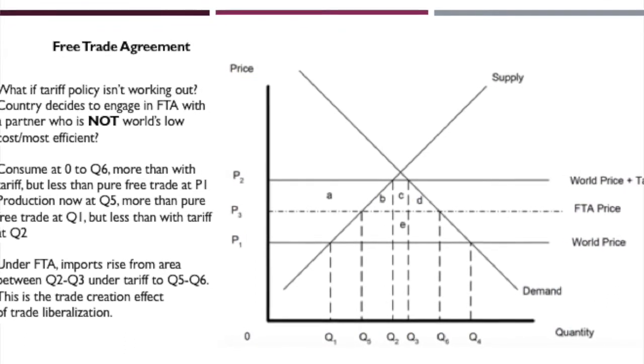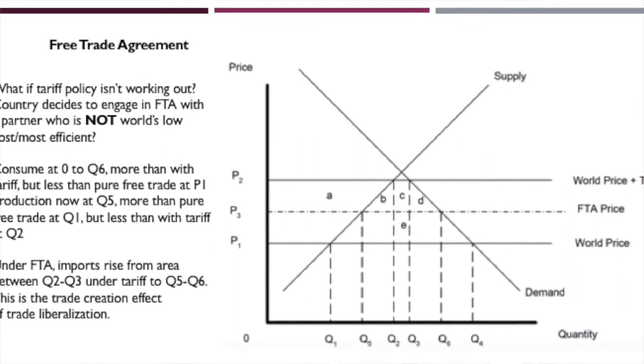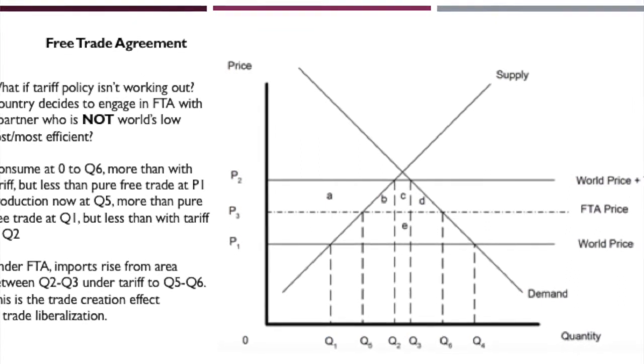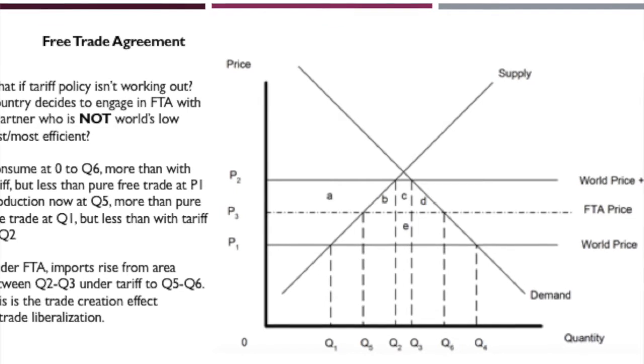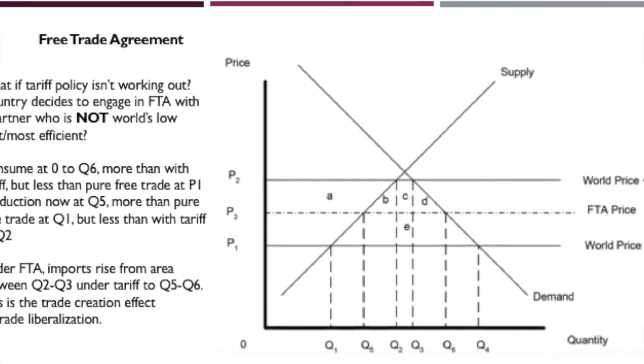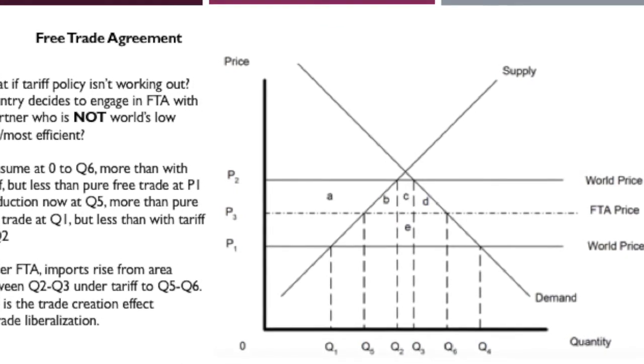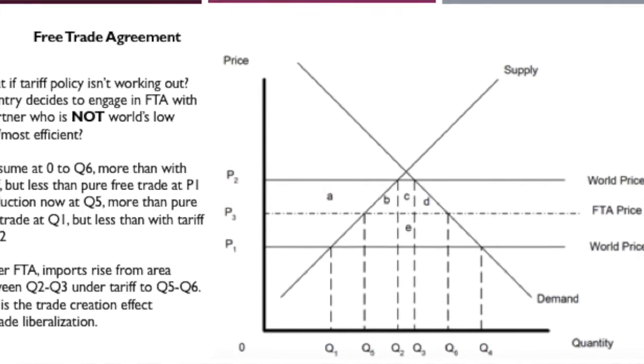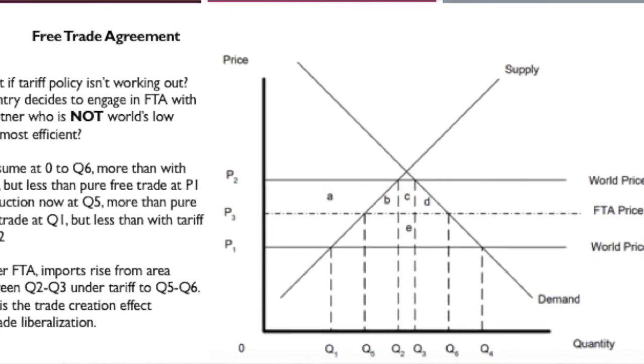So that area between Q3 and Q6, we gain as domestic consumers because of this free trade price, okay? We're getting the benefits of these lower prices, and so we get a bit of extra consumption relative to the full tariff, okay?